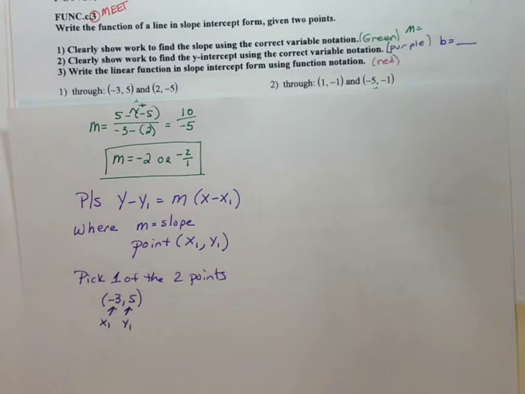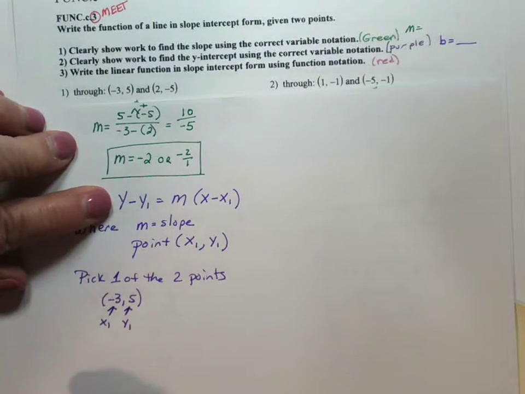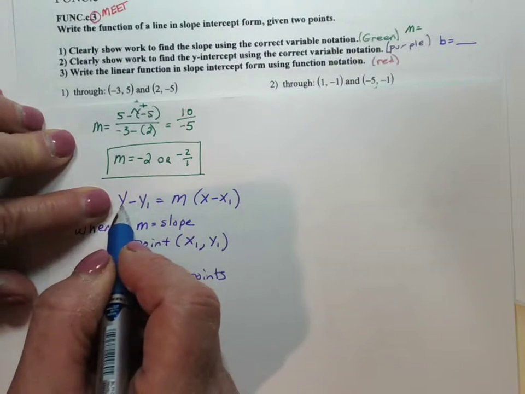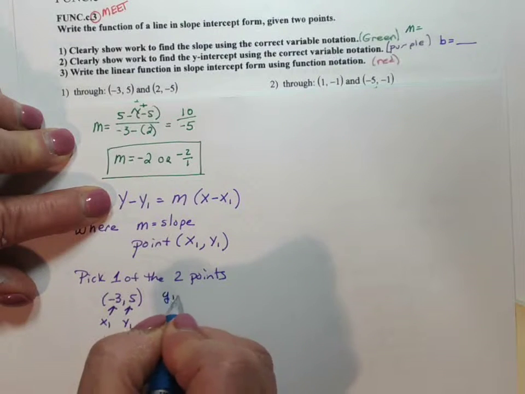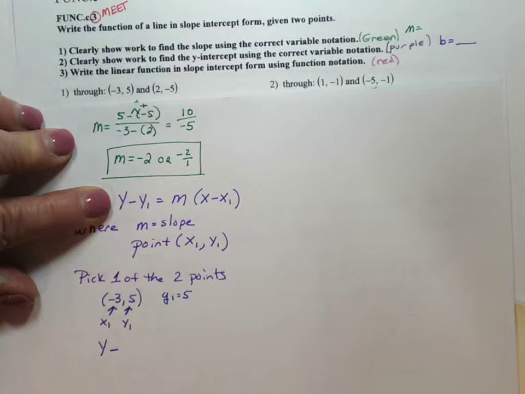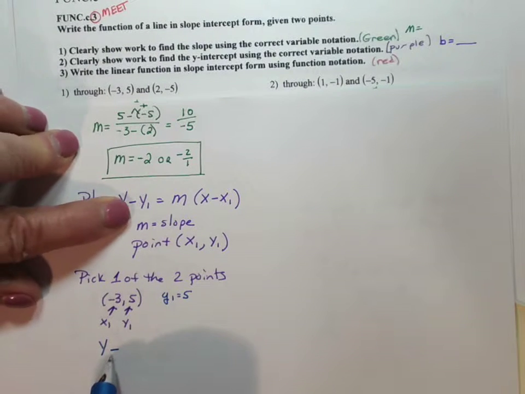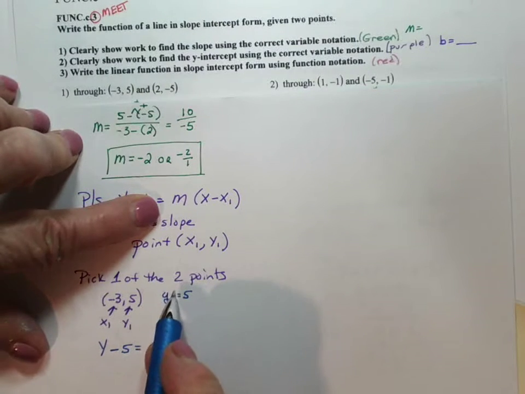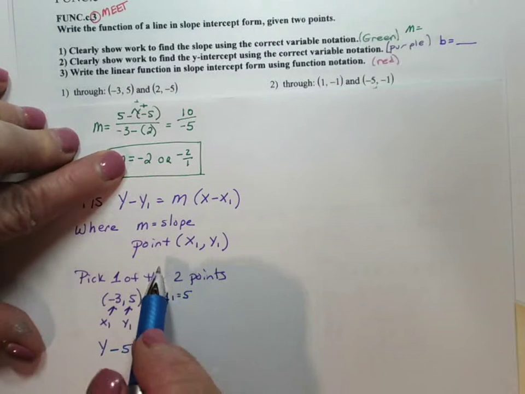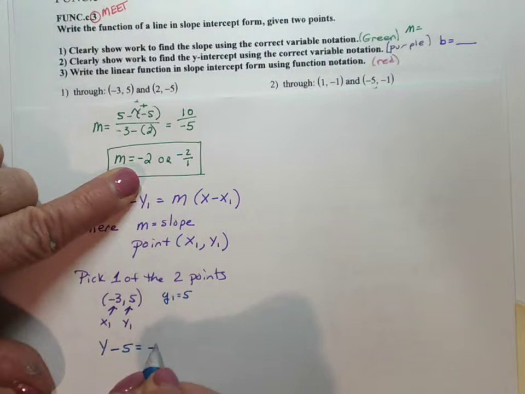So now what I'm going to do is I'm going to go back to this equation. And notice this is y minus, okay, y1 is equal to 5. So I have the minus 5 equals my slope. My slope is -2.